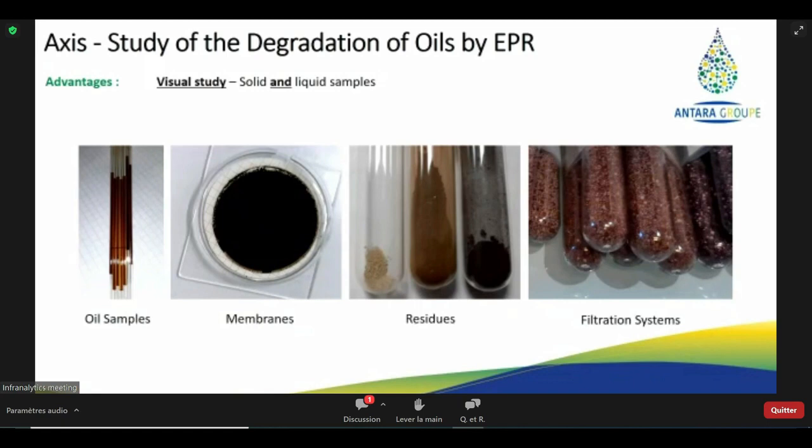But you can also do EPR analysis of different filtration systems, for example a membrane, where you get a residue, but also the filtration system itself, and you can see what has been retained from the oil. And then you can also do analysis of the residue, which is basically everything which crashed out from the oil. This is really interesting, because you can see the whole picture of the oil degradation.